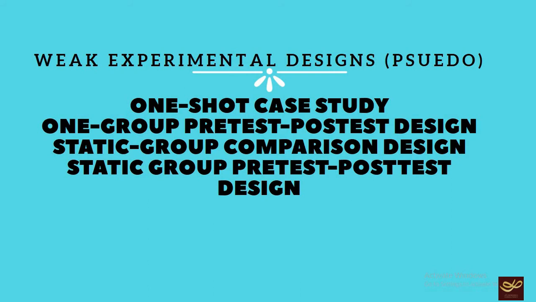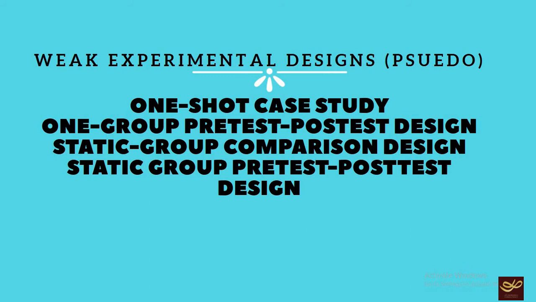So the one-shot case study and the one group pretest post-test design do not have controls for any of the threats to internal validity that we have mentioned. But when you go farther, the static group comparison design and the static group pretest post-test design already have certain levels of control present.